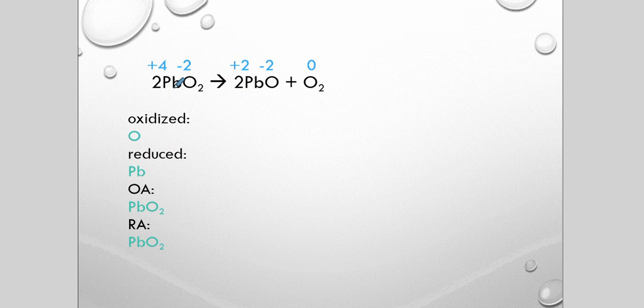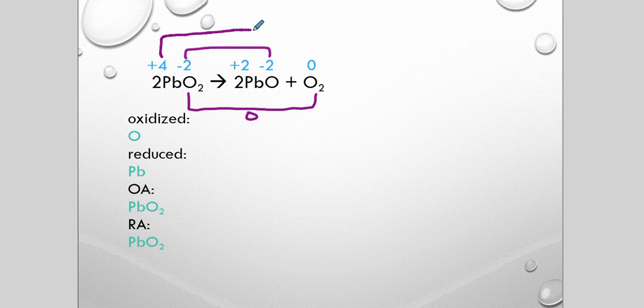Another reaction, we have lead 4 oxide becoming lead 2 oxide with oxygen. So you should notice oxygen has two actions here. No change there, and then -2 to 0 here. That's loss of electrons times 2, right? So we have oxidation here.